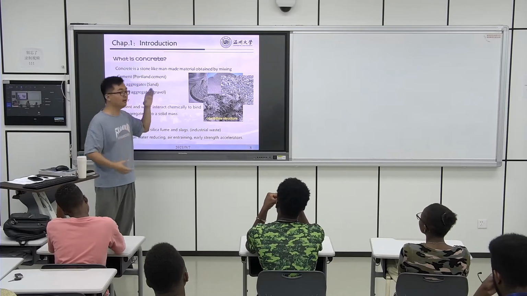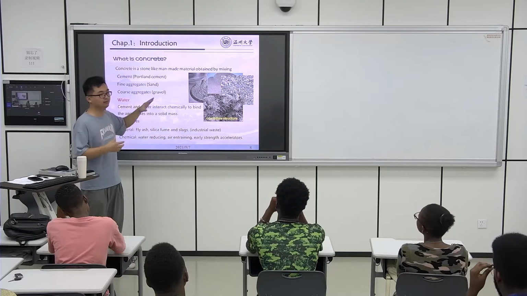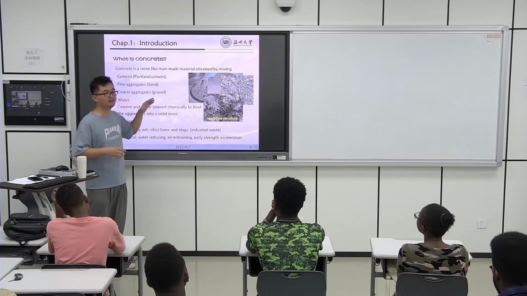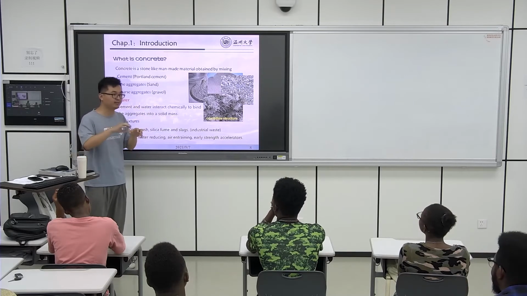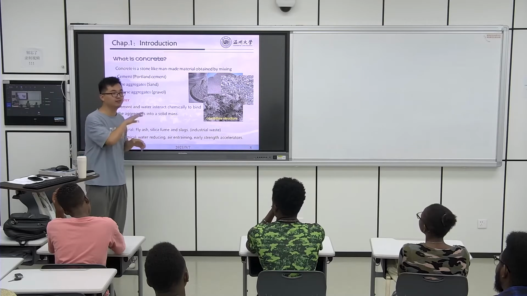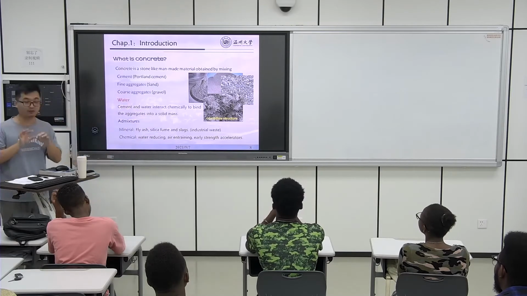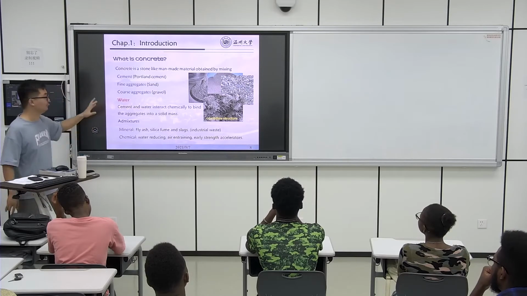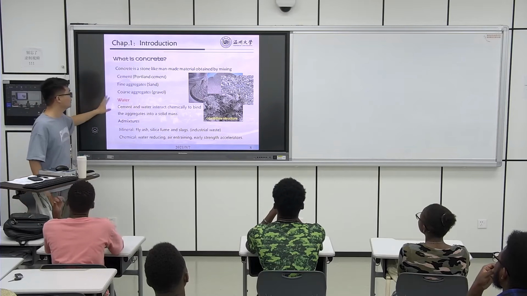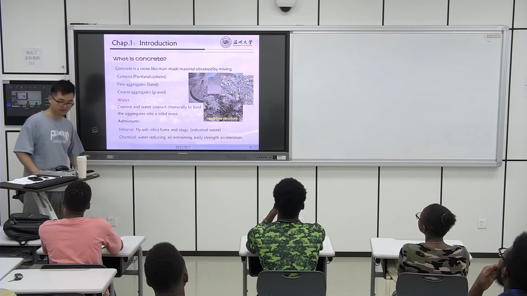Here, we just roughly introduce what the concrete has, and I do not care about how to mix it to reach this strength. Here I just want you to know roughly these four things that you need to get the concrete.